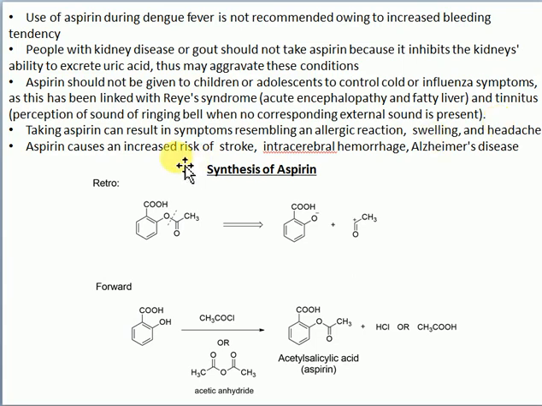And taking aspirin can result in symptoms resembling allergic reactions, swelling, headache, etc. It can also increase the risk of stroke, Alzheimer's disease, intracerebral hemorrhage, etc. So it is clear that aspirin has a long list of side effects, so it should not be taken by yourself. It should be taken only when doctors prescribe it to you.